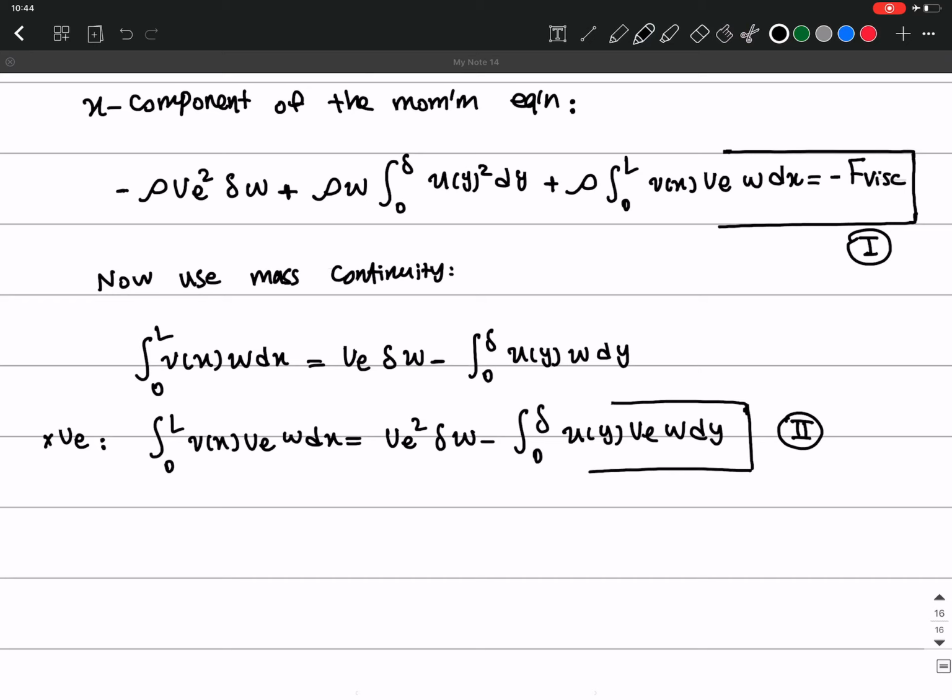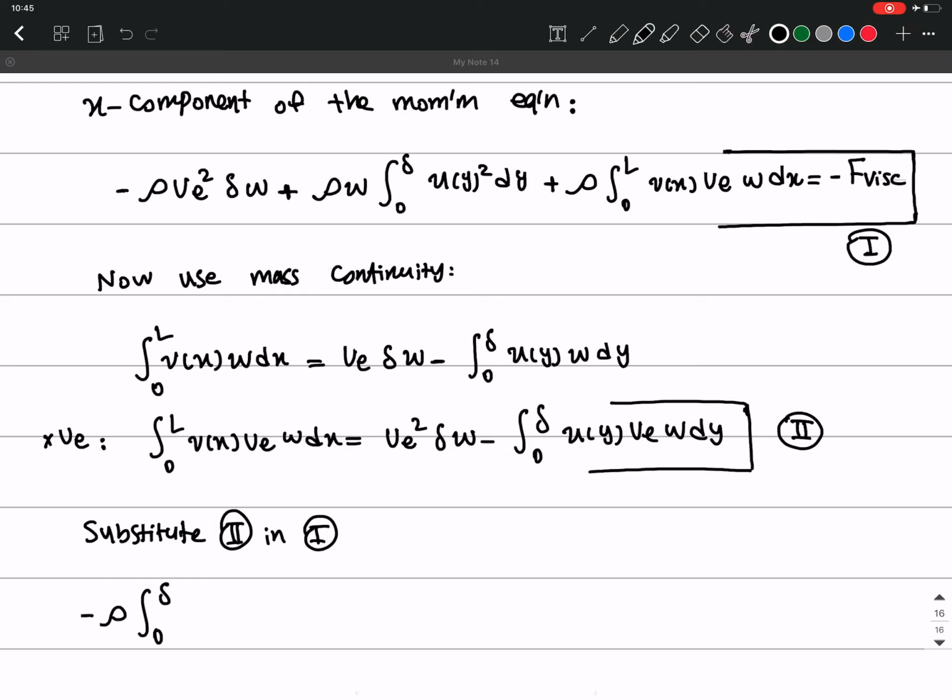So substitute 2 in 1, and what we get is this, minus rho, the integral from 0 to delta.